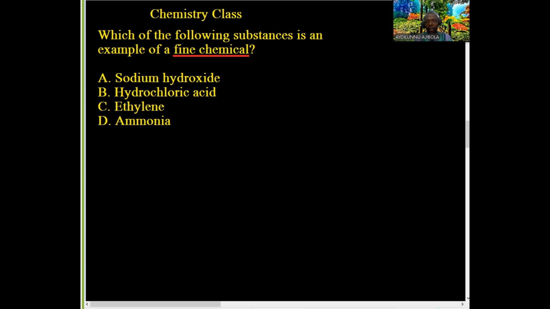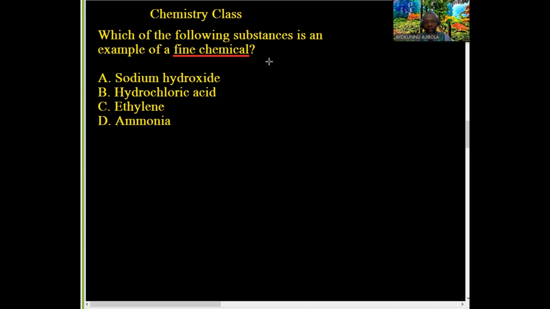The use of fertilizer is very common because they will use it on the farm, right? It will be on a large scale because you cannot say in a country only one person is farming. Can you estimate the number of farmers in a country? Are they just about 10, or hundreds of thousands?